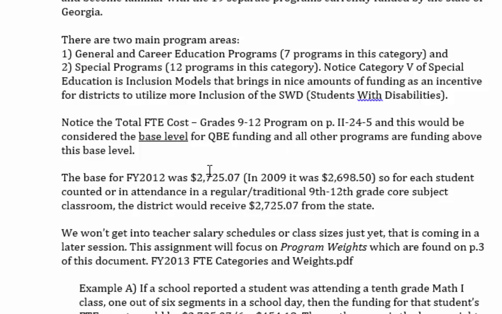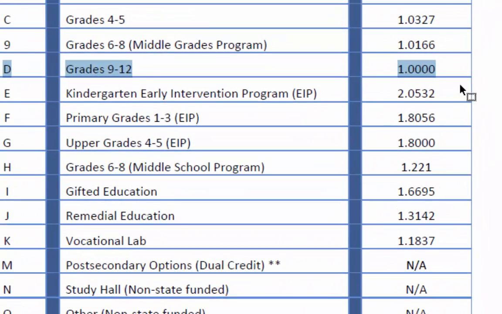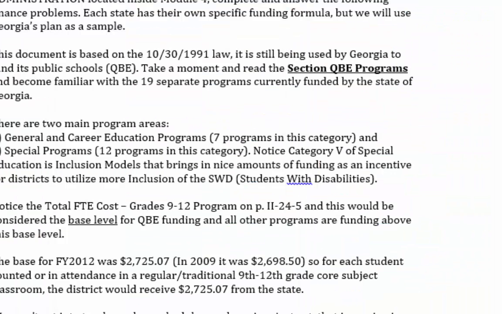Now if you multiply the weight of 1 for the 9 through 12 grades times that amount, that's exactly what you get: $2,725 per day for a 9th grade student, or 10th or 11th or 12th grade student.